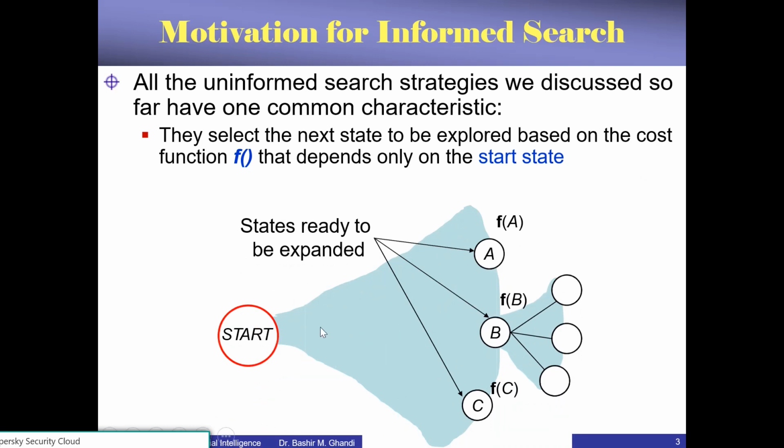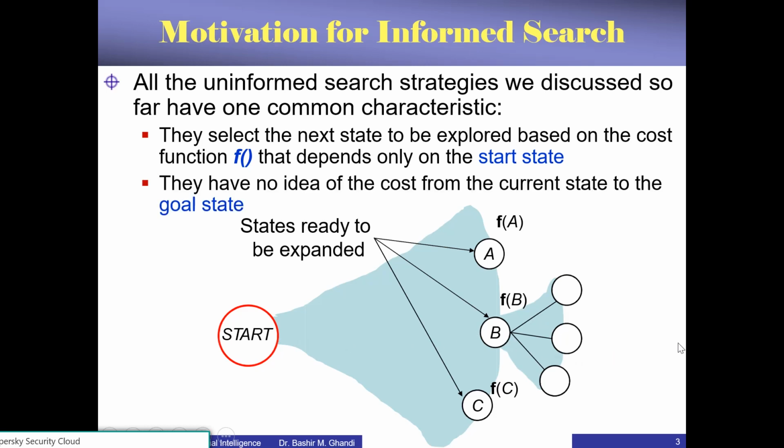Normally we expand starting from the start state, keep putting the successors in the frontier, and then look at the frontier and decide which one of them is best to explore, and so on. This decision on which node to explore is purely based on the function f, which does not depend on the goal state. It's only depending on the start state.